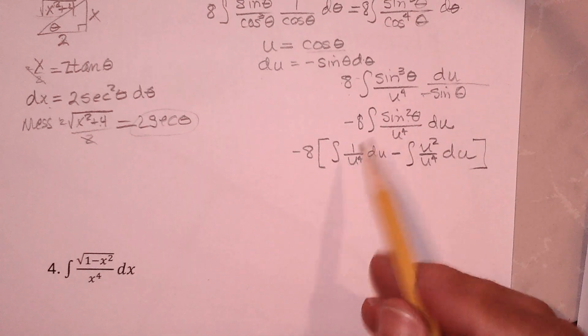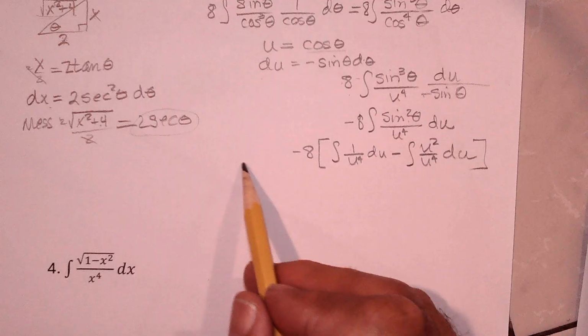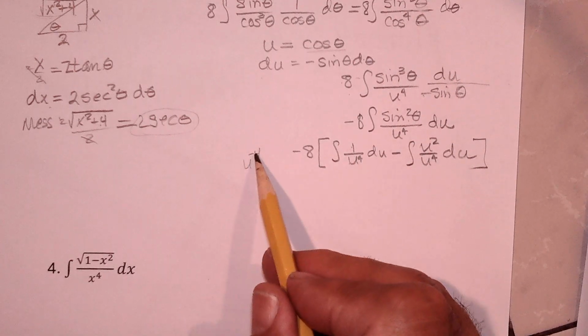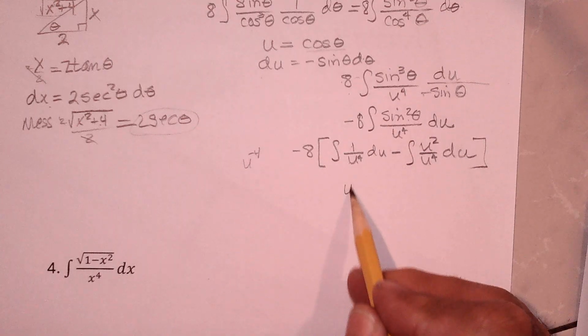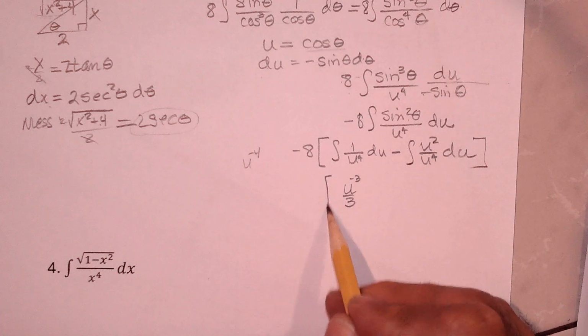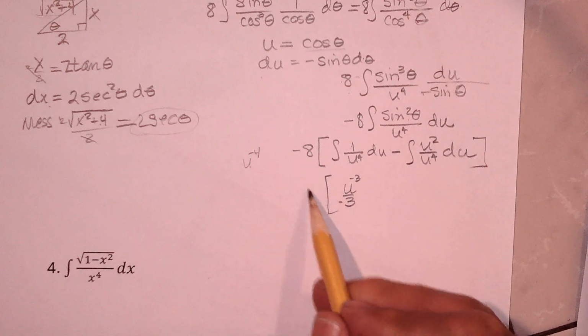And since this is just u to the negative 4, and I integrate it, I'll add 1 to this, so it becomes u to the minus 3 over minus 3.